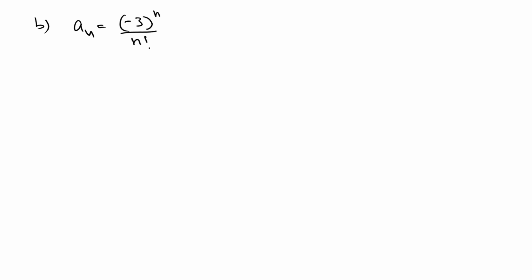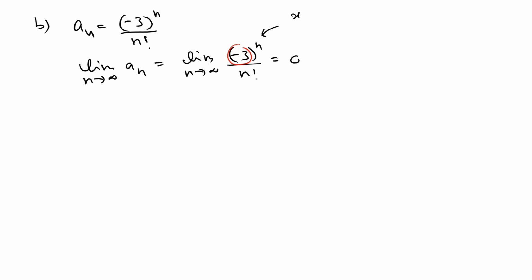This is straightforward. The limit as n goes to infinity of a_n equals the limit of negative 3 to the n over n factorial. According to the previous result, for any value here, this converges to 0. This has the format x to the n over n factorial, and here x equals negative 3, so it doesn't really matter what value. That means the sequence converges.